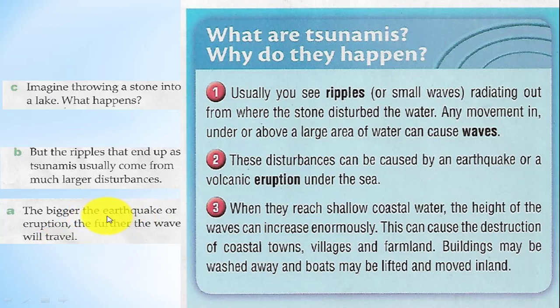It means that if the earthquake is big, the wave will travel far. So there is a relationship between the size of the earthquake and the distance that this wave travels. Now here also we complete, step by step, talking about the results of the waves.